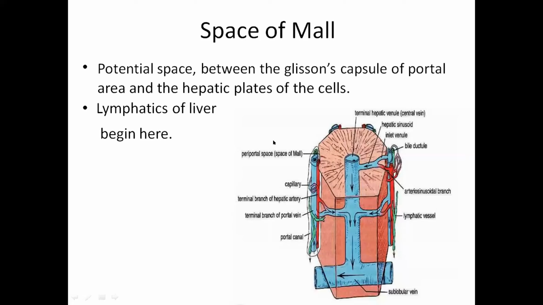Here is the space of Mall or periportal space, a space around the portal area. The importance of this space is that the lymphatics of the liver begin here. Here are the lymphatics which begin at the level of the periportal space or space of Mall.